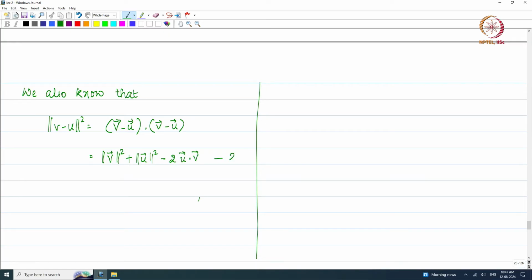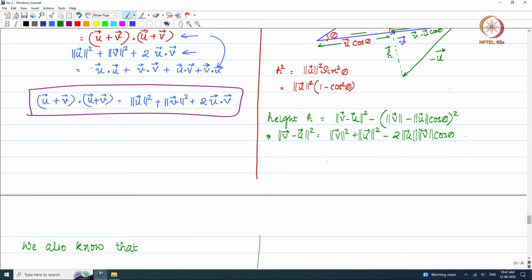Now let us take this as equation 2, and what we had in the previous case, let us take this as equation 1.